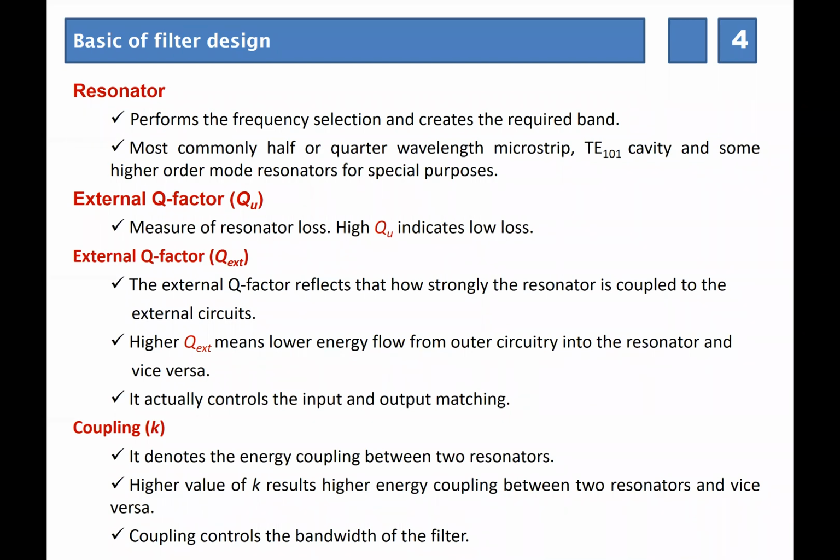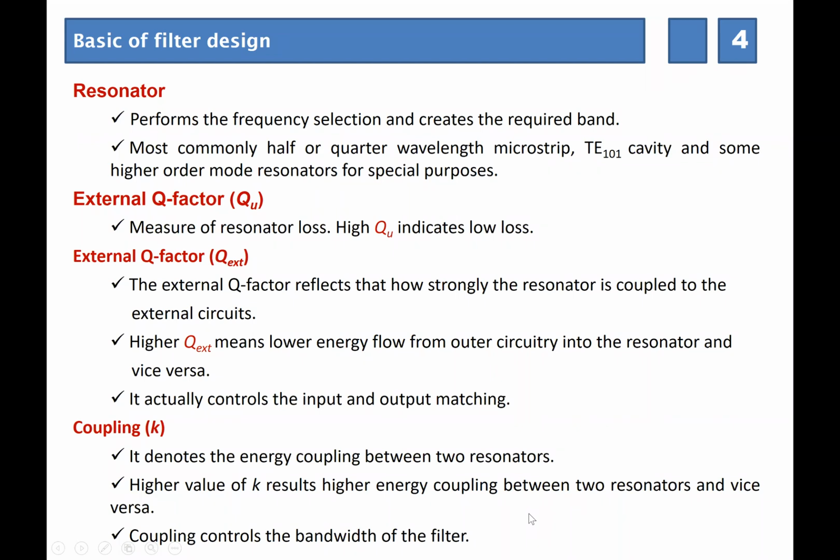Then comes the quality factor, that means the unloaded quality factor QU. Here I have written external Q factor QU, but it is actually the unloaded quality factor. The unloaded quality factor QU is the measure of loss of a resonator. If QU is high, that means the resonator is less lossy. If QU is low, then the resonator is lossy.